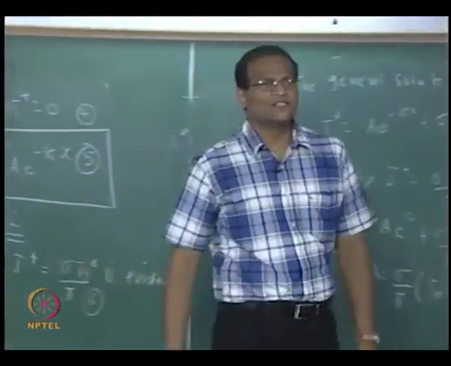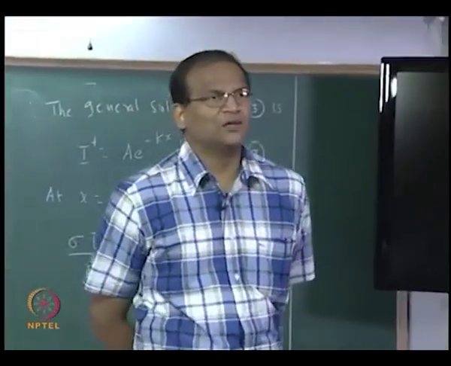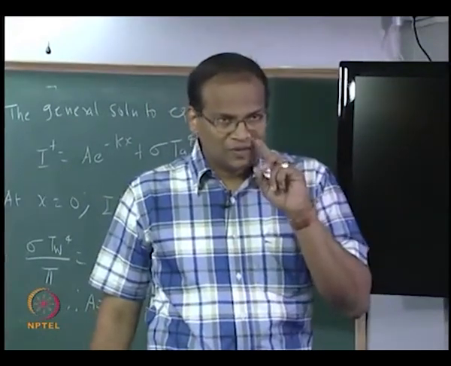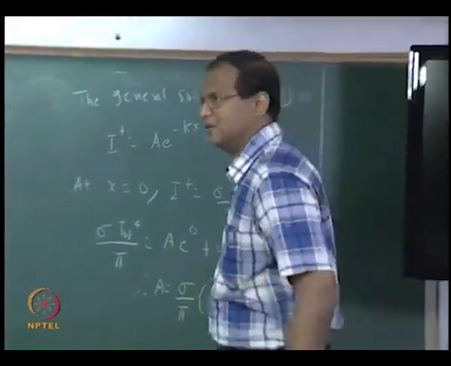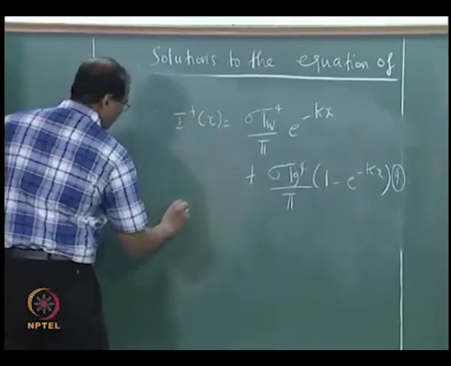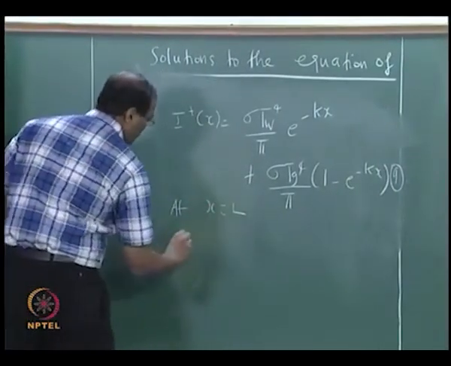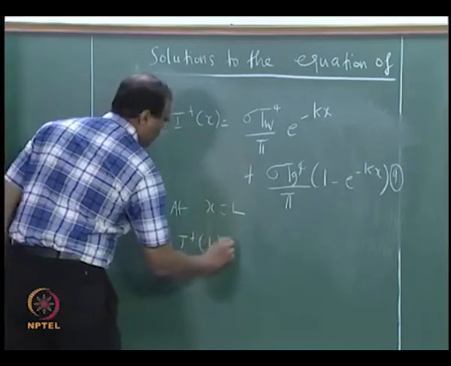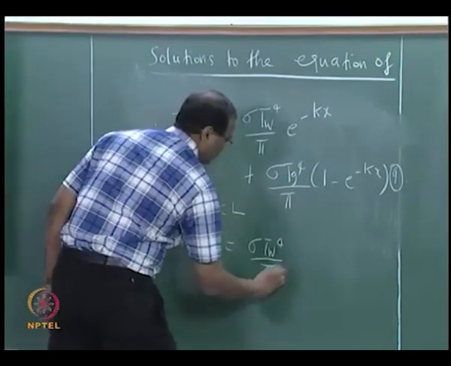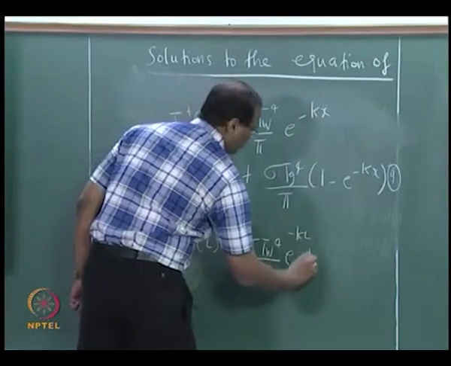Why did we start the exercise? We want to find out I plus at x equal to L. So, we will have to obtain the expression for I plus at x equal to L. Any problem?